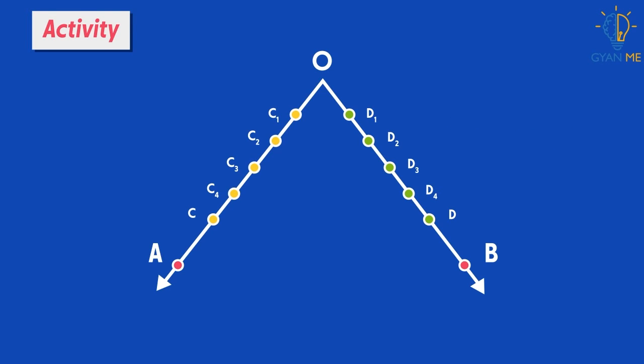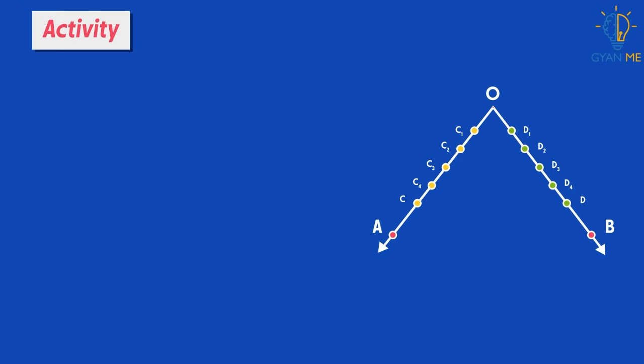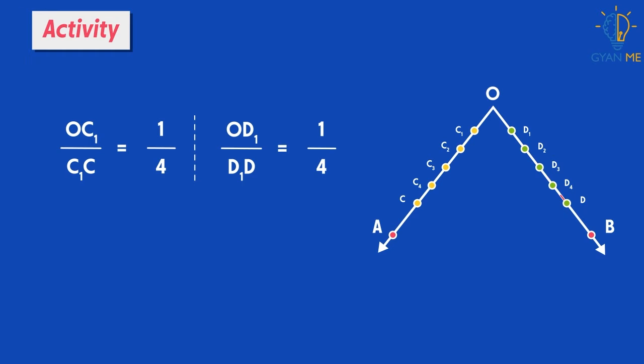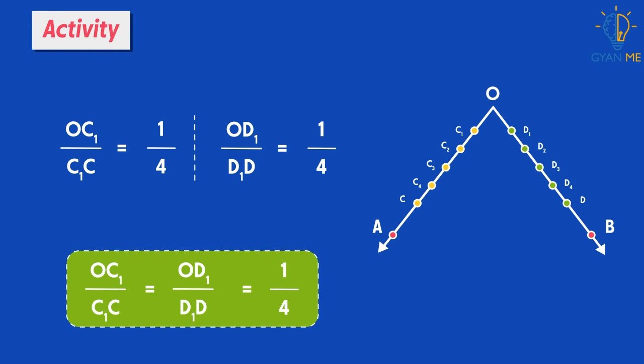Now students, take the ratio of segments OC1 and C1C. Similarly, take the ratio of OD1 and D1D. What do you observe? Yes, both the ratios are equal. Each of them is 1/4.